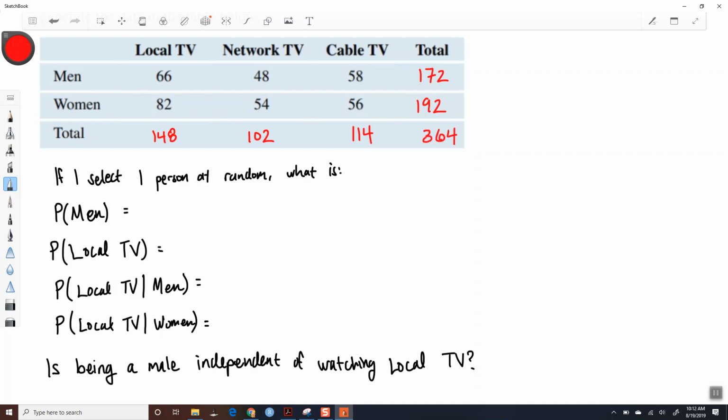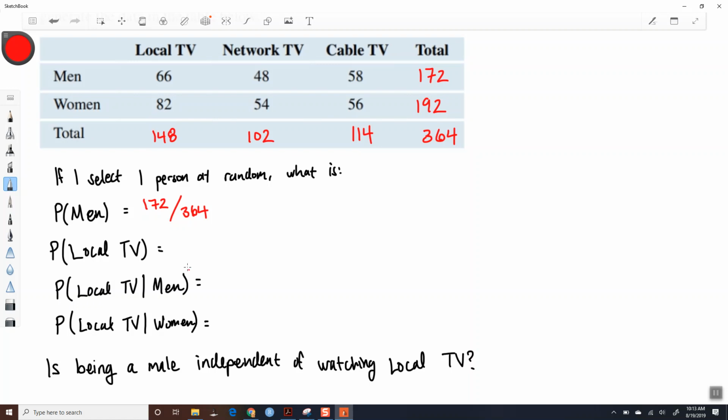Okay, and then the probability of men will be, we look at this row total, 172, divided by the total 364. Okay. So far so good?